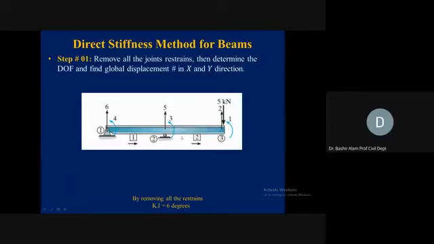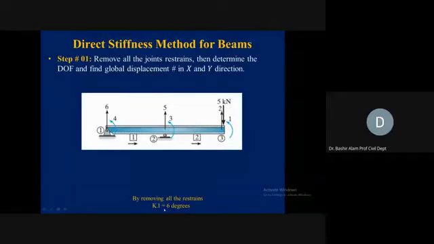And for element 2, it will become 5 3 and 2 1. Why? Because it was vertical displacement followed by the rotation at the specific node. That was the order for developing the element stiffness coefficient matrix.